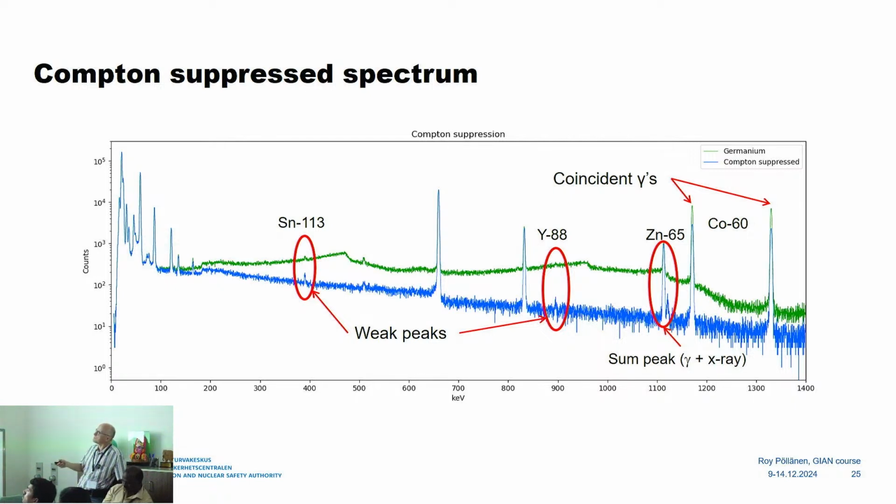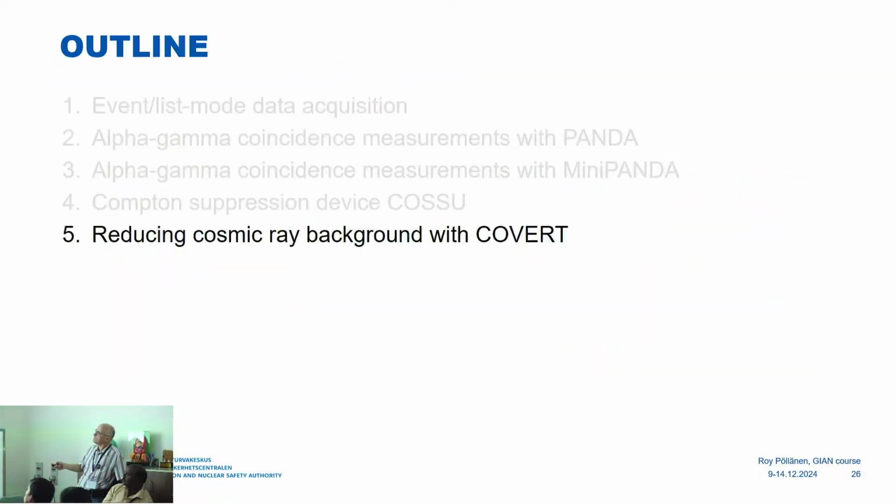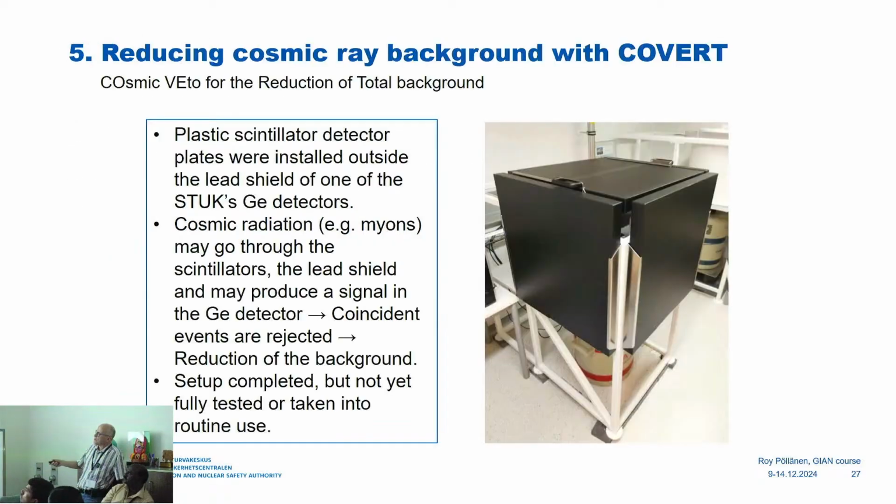Not very difficult. So, one more system. We can reduce the cosmic ray background by using this system. As you know, cosmic rays are coming to the ground level, and we can detect these signals in gamma ray spectrometry. But in this case, scintillation detectors are outside the germanium.